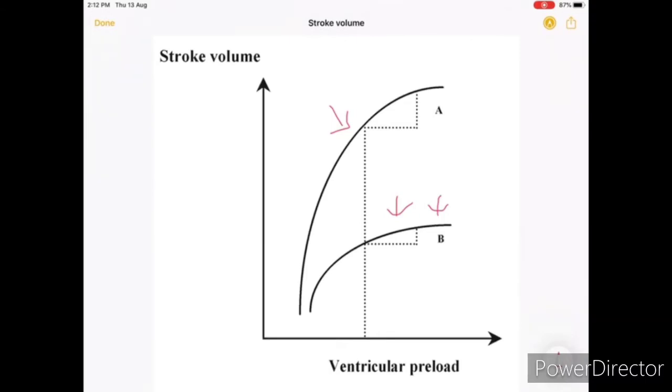So in a normal heart, it is much more likely to lie in that portion where it might respond to a fluid bolus, that is an increase in the preload. And a failing heart is more likely to lie in that portion where it does not lead to much increase in the stroke volume with fluid boluses.